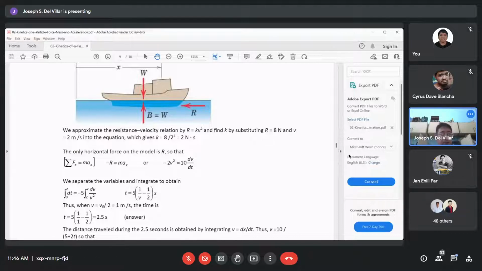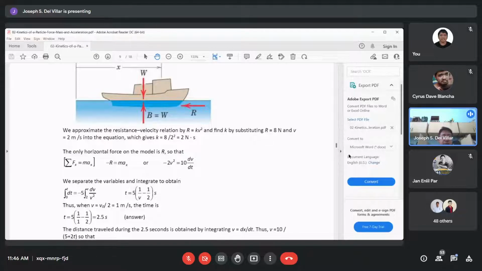So we use separation of variables from your differential equations. I hope you are through with that. We group all terms containing V on one side and all terms containing time on the other side.